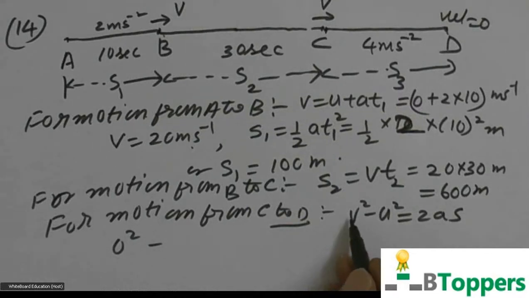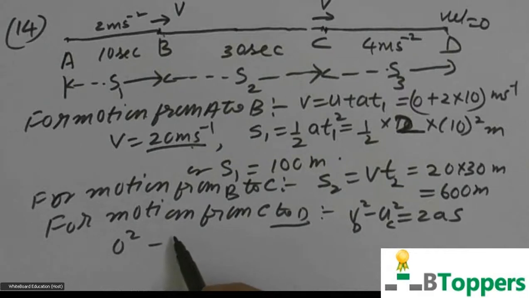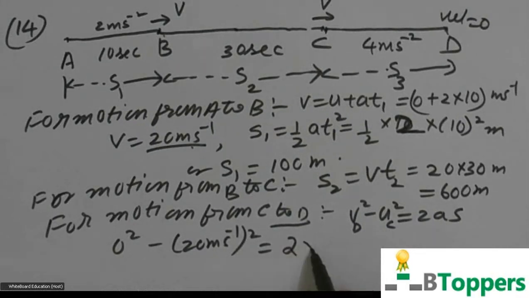The initial velocity at C is 20 meter per second, because from B to C it has moved with uniform speed of 20 meter per second. For motion from C to D, it has a retardation of 4 meter per second square, so the acceleration can be taken as minus 4 meter per second square. S equal to S3. So you get S3 equal to 50 meters. Simplify this yourself.